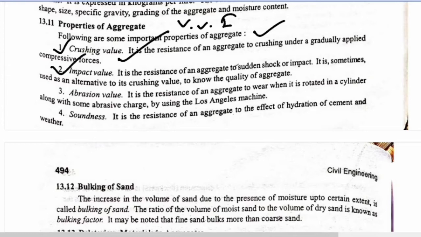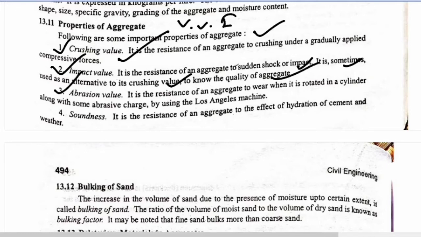Impact value, it is the resistance of an aggregate to sudden shock or impact. It is sometimes used as an alternative to its crushing value to know the quality of aggregate.